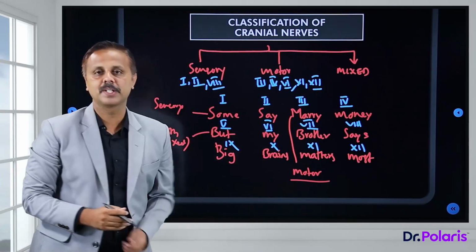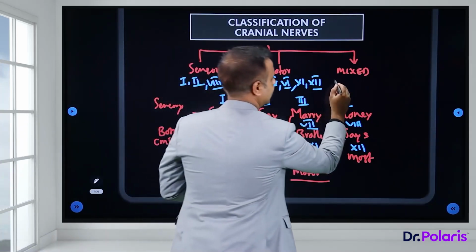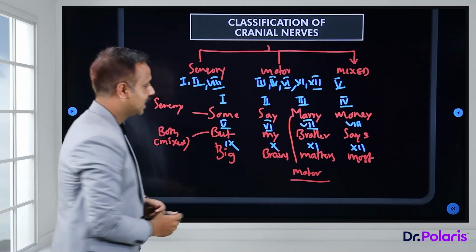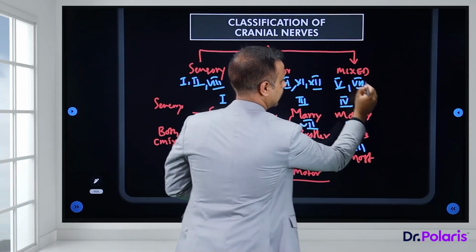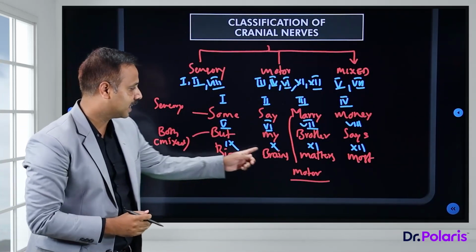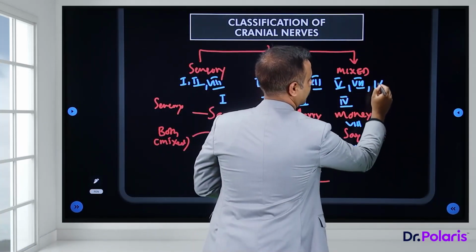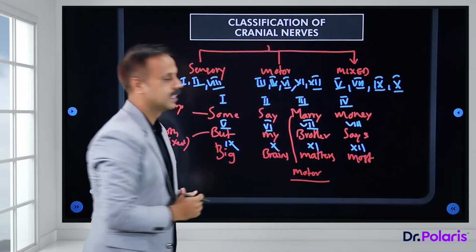Then let's talk about the mixed cranial nerves. The mixed cranial nerves begin with the trigeminal nerve, right? We have the trigeminal nerve, and then we have the 7th cranial nerve or the facial nerve. And apart from this, we have the 9th and 10th nerve, that is glossopharyngeal and vagus nerve, right?